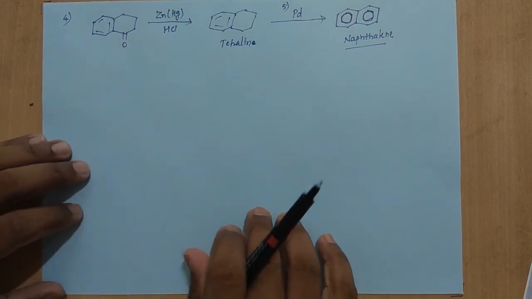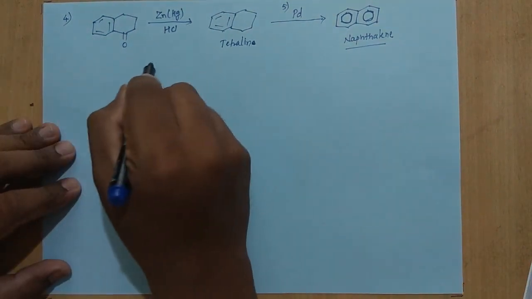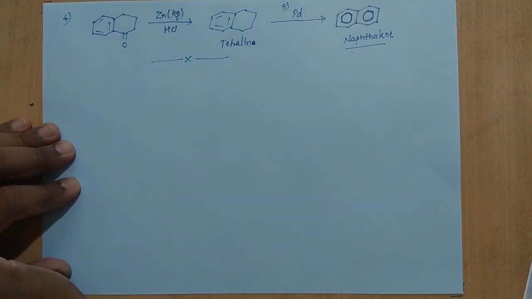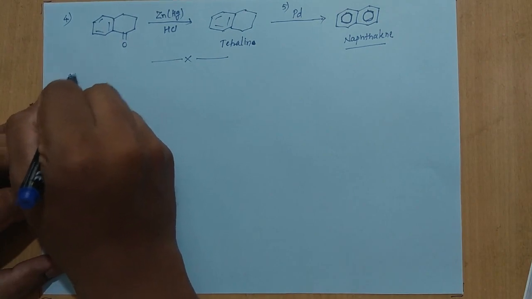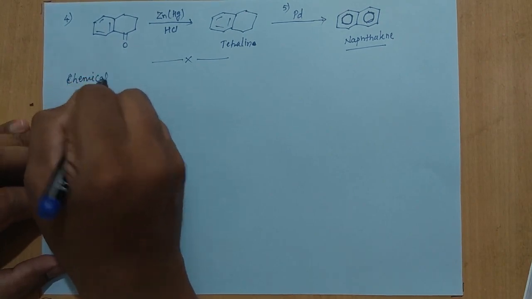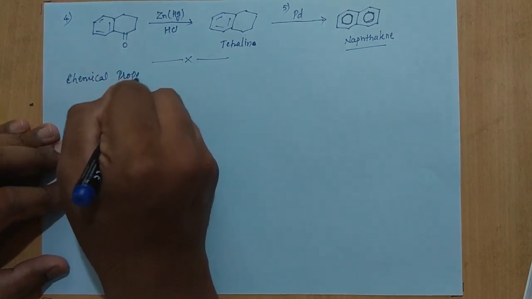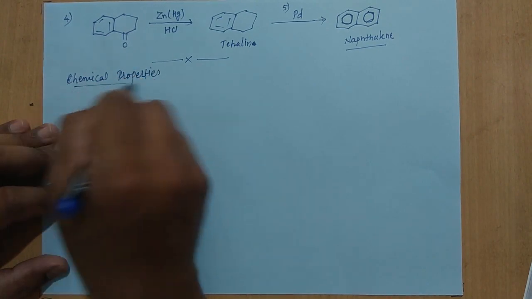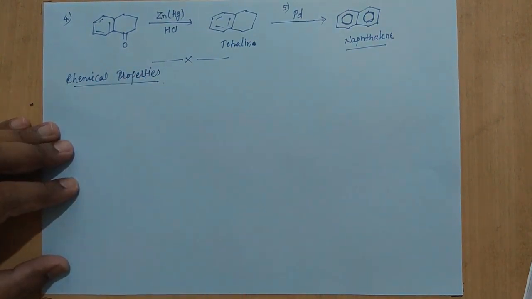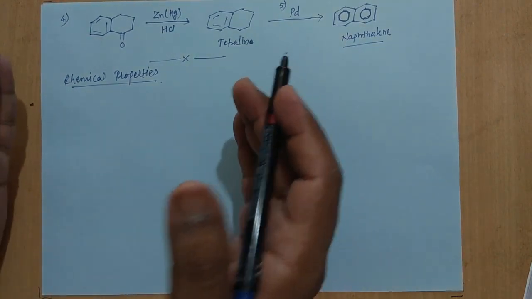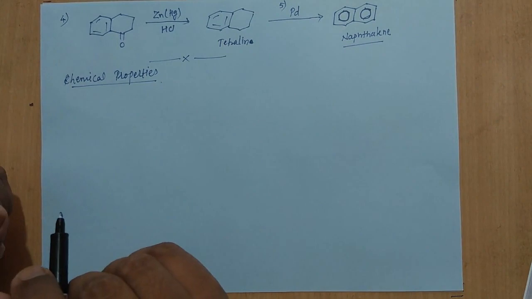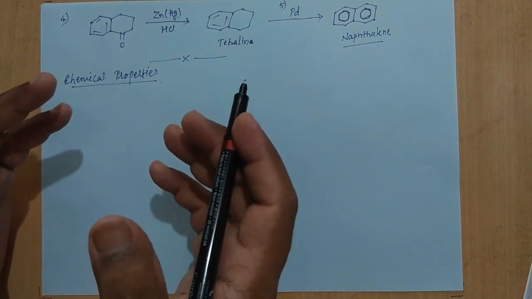Now, next part in this naphthalene is its chemical properties. These chemical properties can be explained because this naphthalene is electron rich, as there are 5 double bonds.